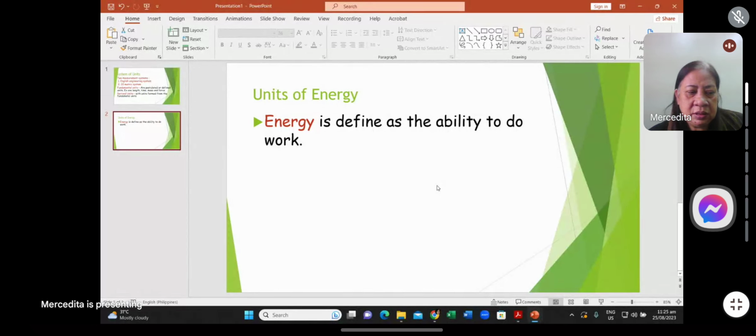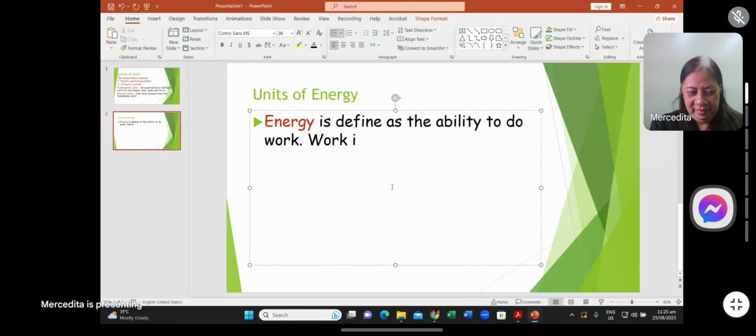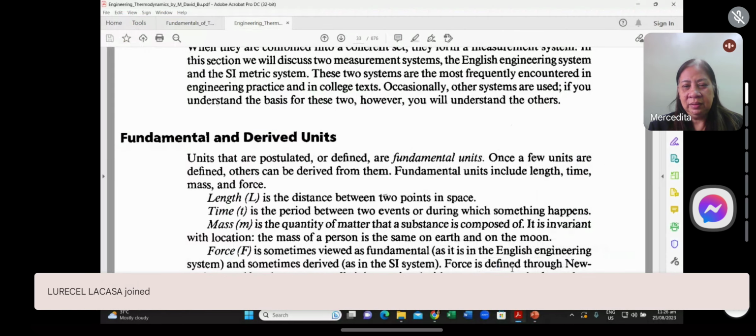Since ang ating thermodynamics is the transformation of one form of energy into another form, so that energy is defined as the ability to do work, and work is defined as the product of force multiplied by the distance. Okay, so from this, we're going to have the unit ng force.